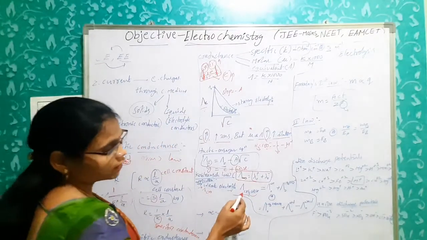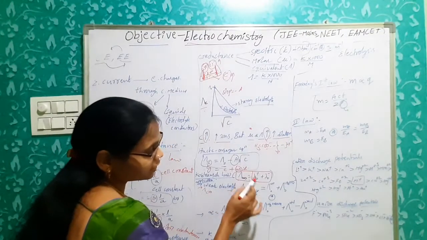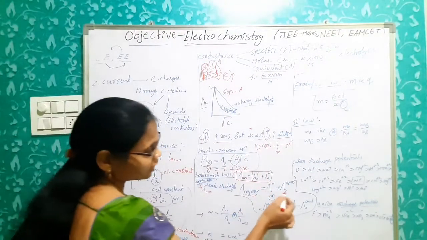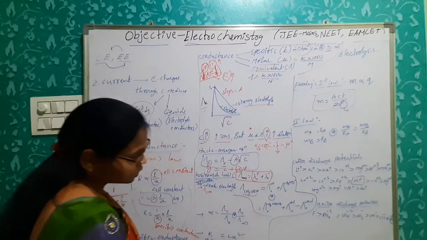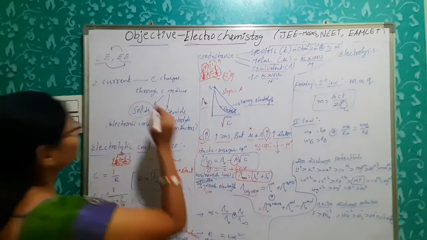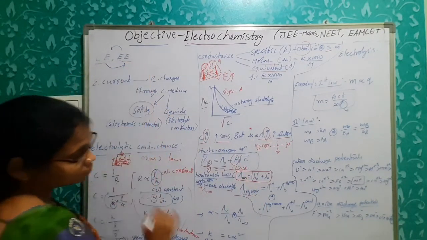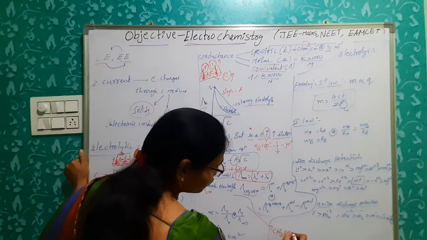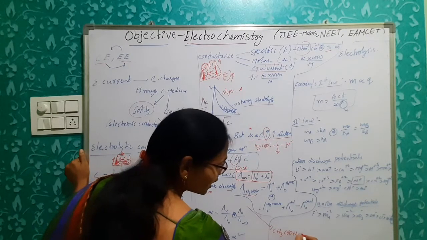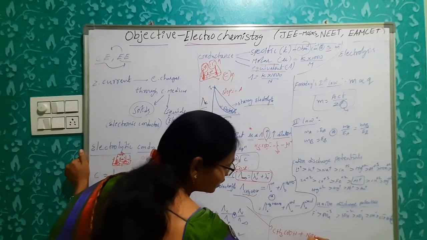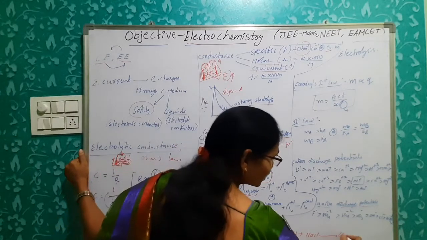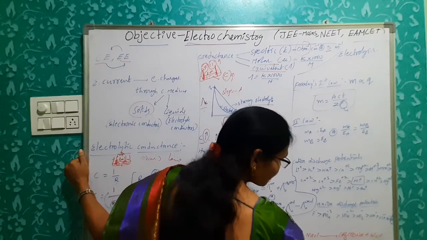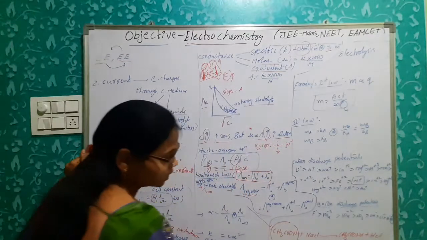Okay, so CH3COOH means conductance of cation, conductance of anion. How do we find this in the equation? Suppose CH3COOH, acetic acid, reacts with NaCl, giving rise to sodium acetate plus HCl. How to find acetic acid?